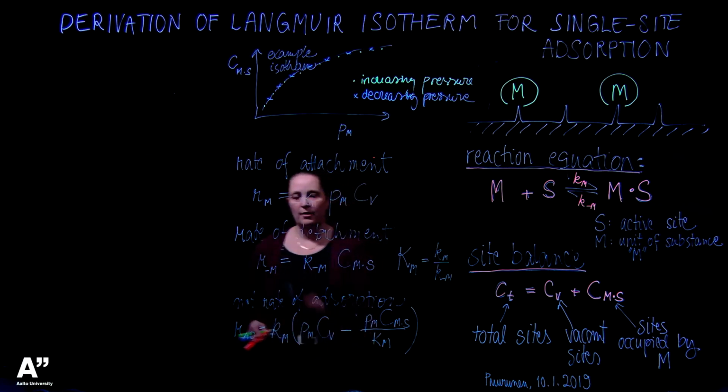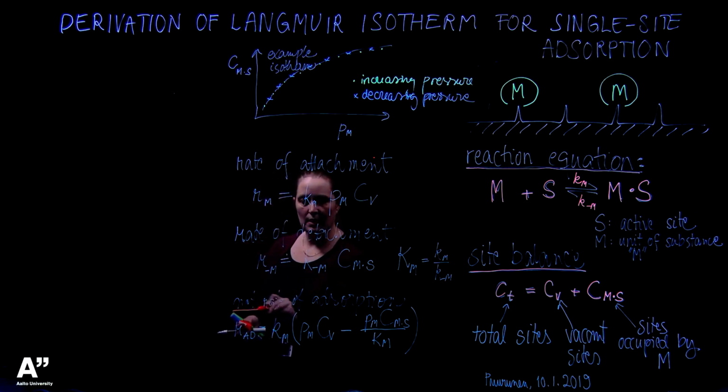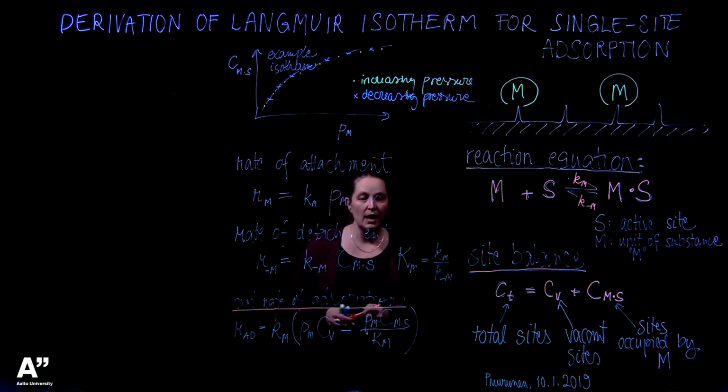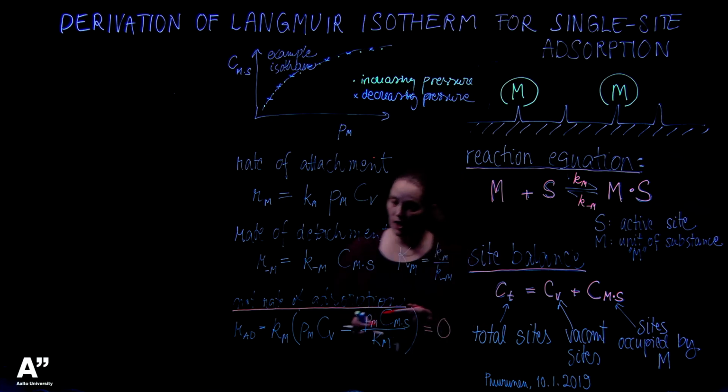So here we have the net rate of adsorption. We are talking of isotherms. They are measured for situations where there is no net adsorption taking place. So the net rate of adsorption is 0 at equilibrium conditions.